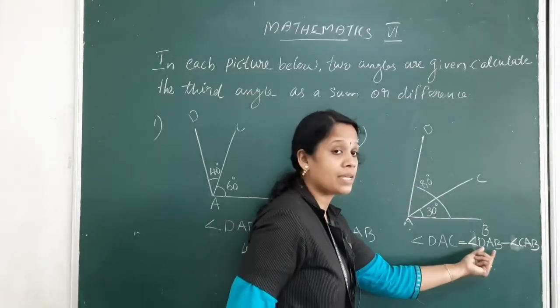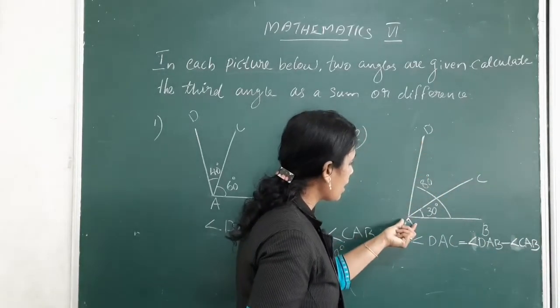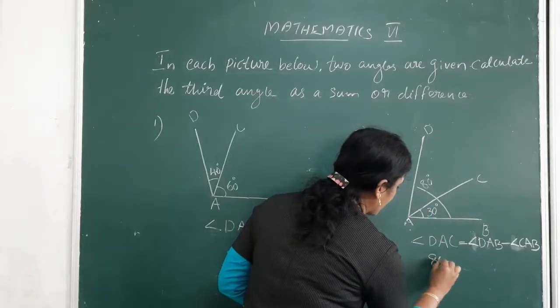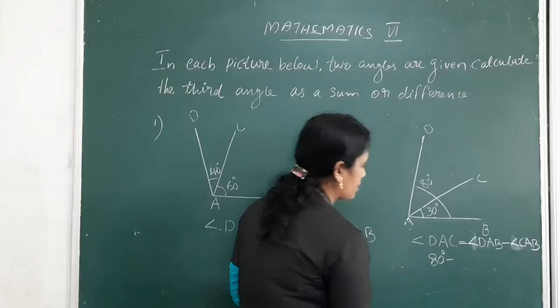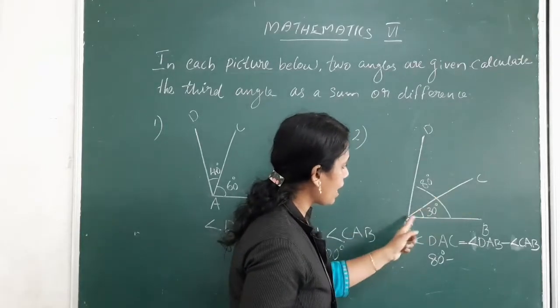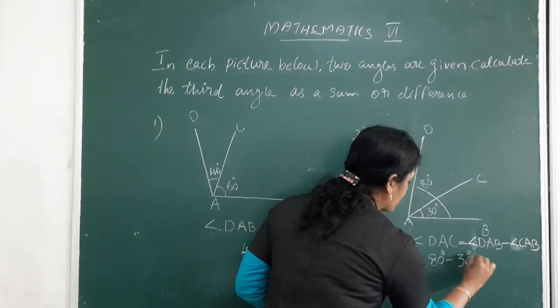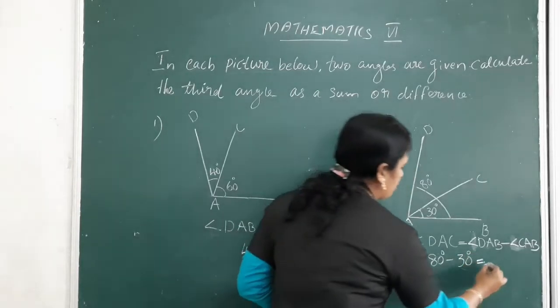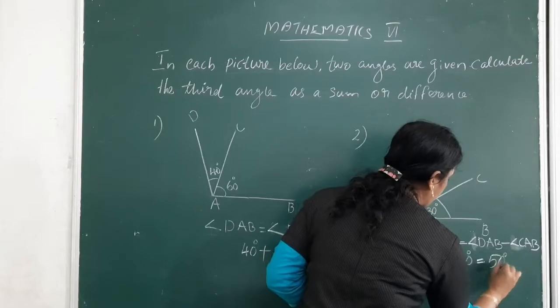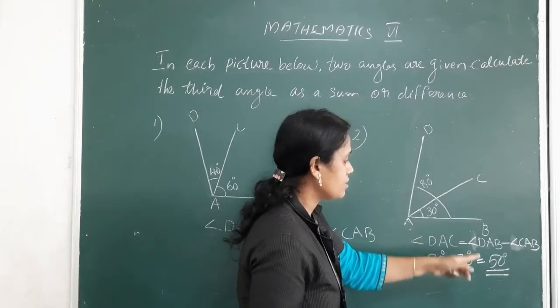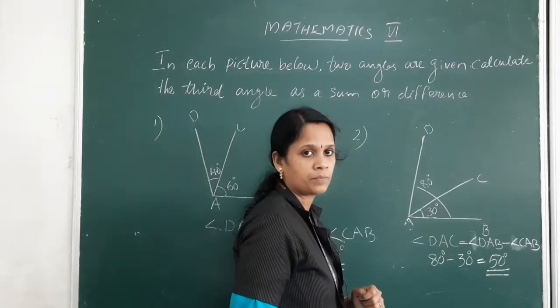So angle DAB 80 degree. So 80 degree minus angle CAB 30 degree. So 80 minus 30, yes, 50 degree. So angle DAC is equal to 50 degree.